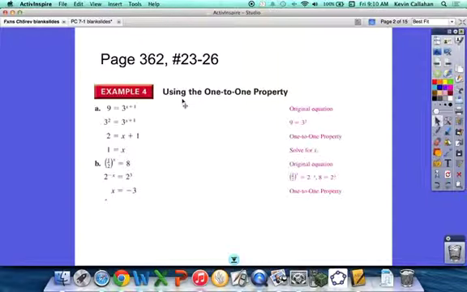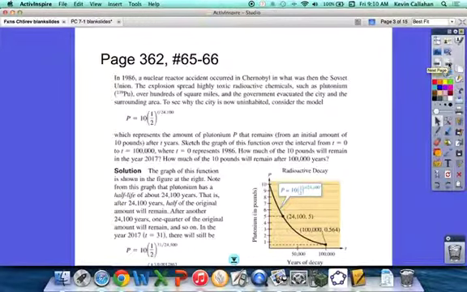I don't want to copy every line here. You should be able to evaluate exponential functions in the context of a word problem. This was an example in the book, and we did this one in class, where they gave us an equation that told us the amount of plutonium.